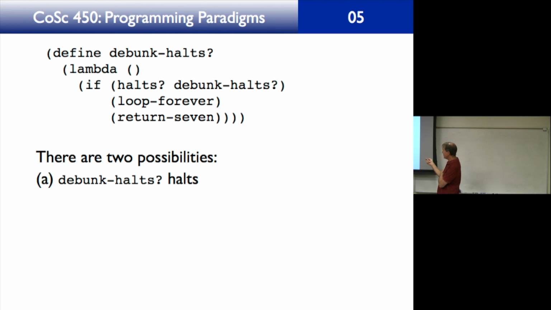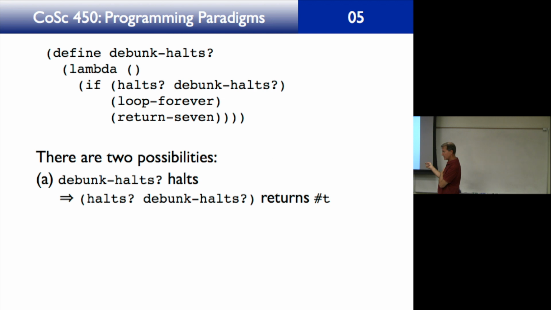So if debunk halts really does halt, then what does that imply? That halts debunk halts will return what? It will return true. So halts debunk halts will return true.